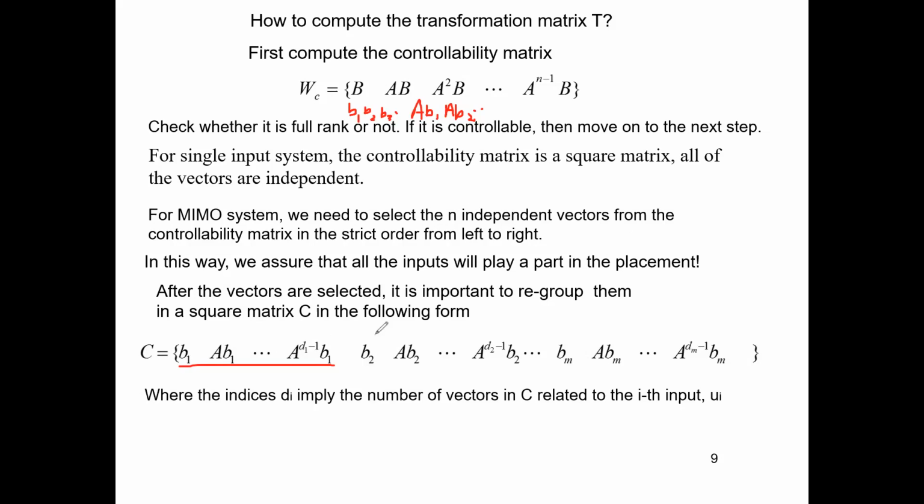In this one, you then count how many vectors are related to B1. In this way, there are d1 of them, which is the meaning of d1. How many vectors are related to B2 in this matrix? That's the meaning of d2. All right. Any questions?